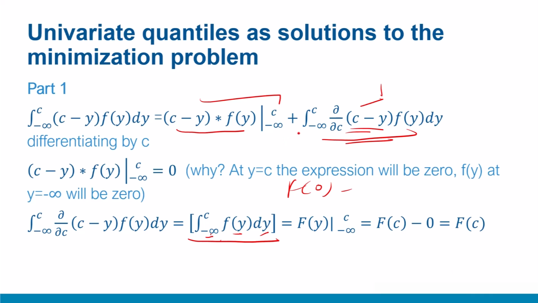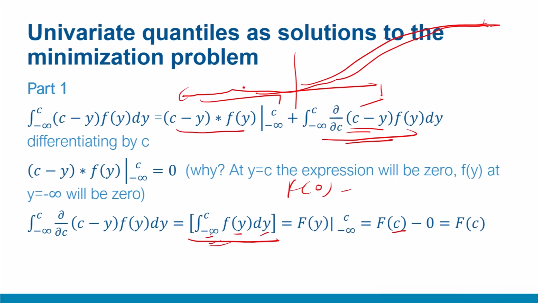Like I said earlier, at minus infinity there's no probability, so 0. If you look at the behavior of the cumulative probability function, it behaves like an S-shaped function where the lower limit is 0 on this side, and the upper limit will be 1. So this integral from minus infinity to c will be fc.